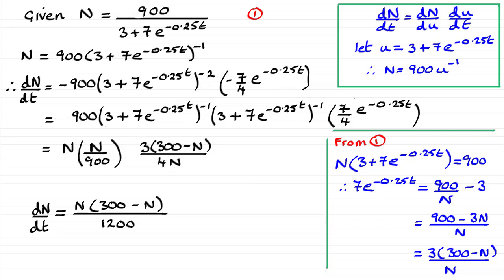What I can see now is I can cancel that 3, for instance, with the 900, giving me 300. And I can cancel this n here with either that n or that n. Let's go for that one there, okay? And when I tidy this up, can you see now we've got n times all of 300 minus n, all divided by 300 times 4, which is 1200.